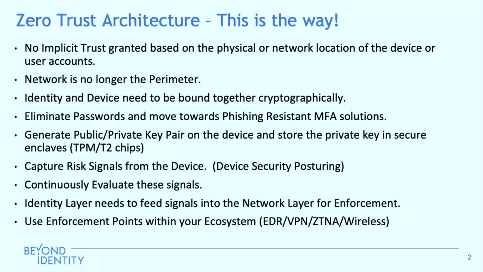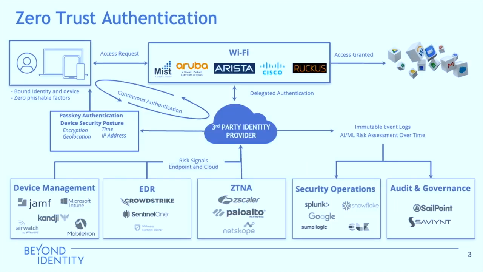And this is what I am going to be talking about in terms of how this authentication model looks for Wi-Fi. In this particular example, the good news is that the majority of the Wi-Fi vendors in the room today, like Mist, Aruba, Arista, all support this delegated authentication model, where they are able to delegate the authentication using standard protocols like SAML or OIDC to a third-party identity provider, like Beyond Identity.